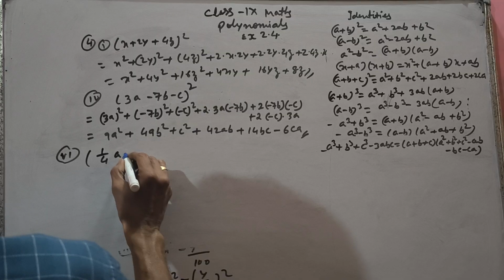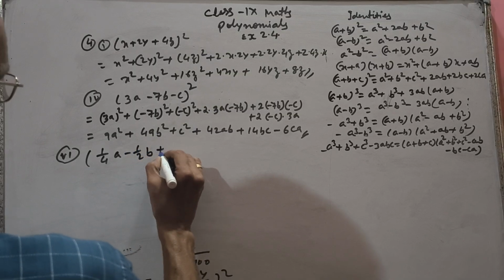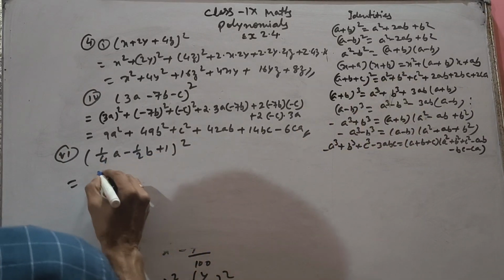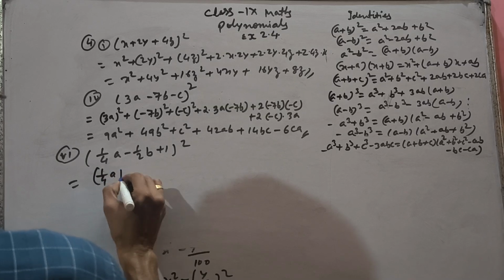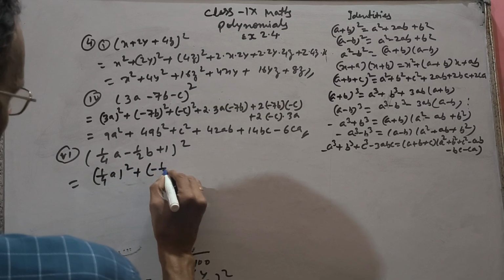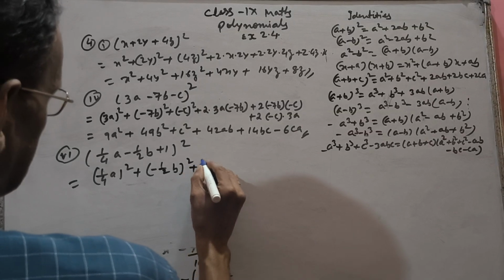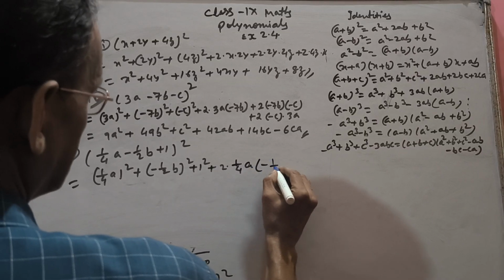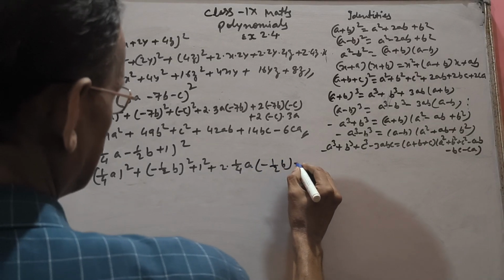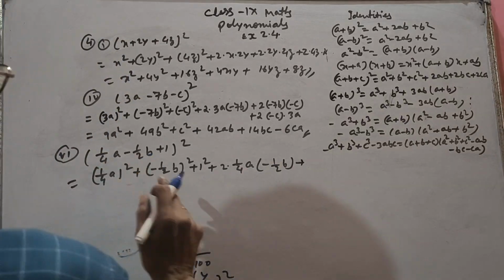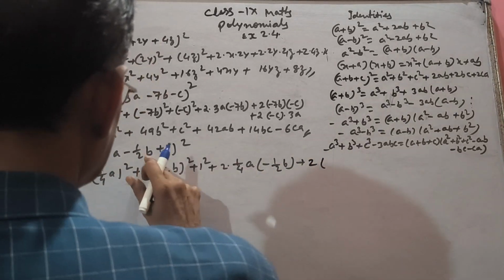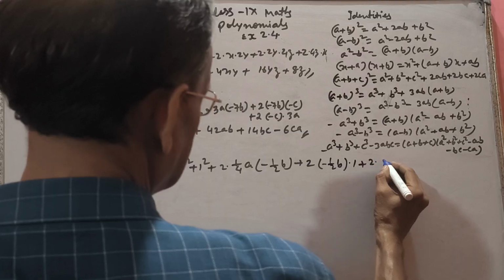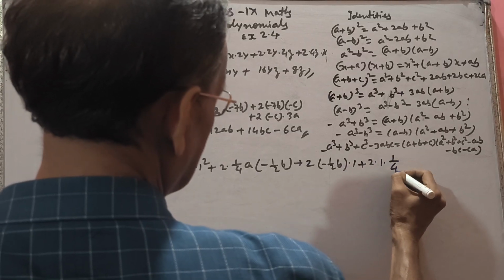(1 by 4a minus 1 by 2b plus 1) whole squared. Use the same formula only, (a plus b plus c) whole squared. This is a, this is b, this is c. So a squared plus, it is negative, so write it in the bracket, b squared plus c squared plus 2 into a, which is 1 by 4a, into b, which is minus 1 by 2b, plus 2 into b into c, so minus half b into 1, plus 2 into c into a, 1 into 1 by 4a.